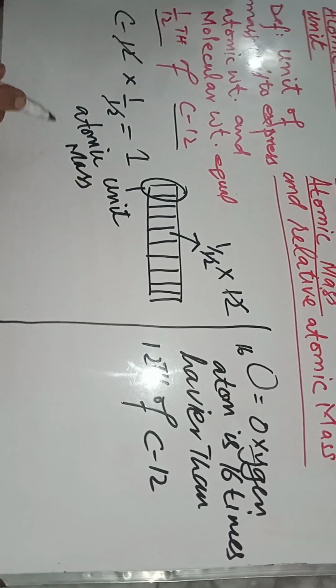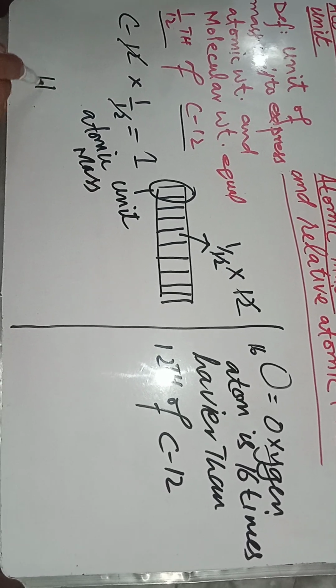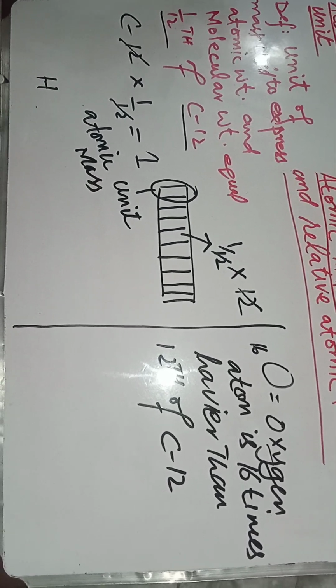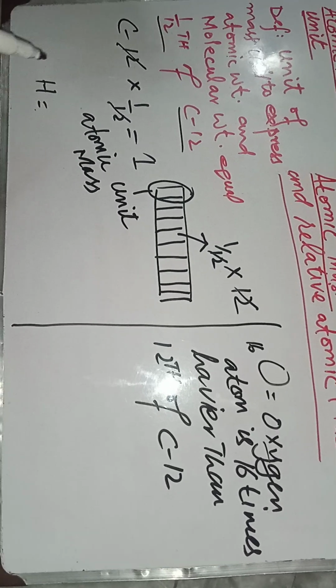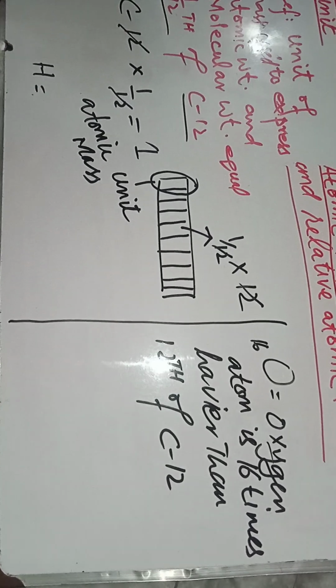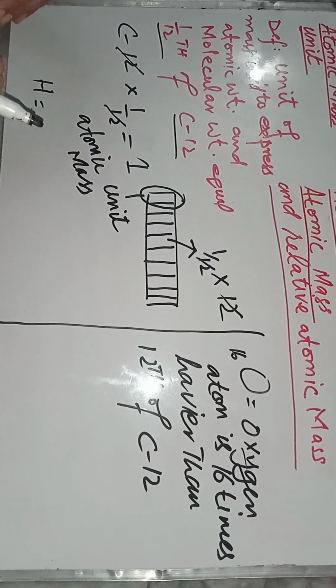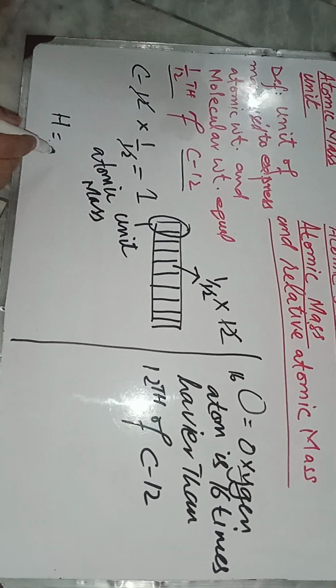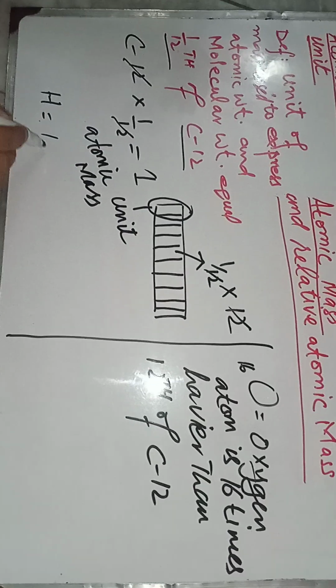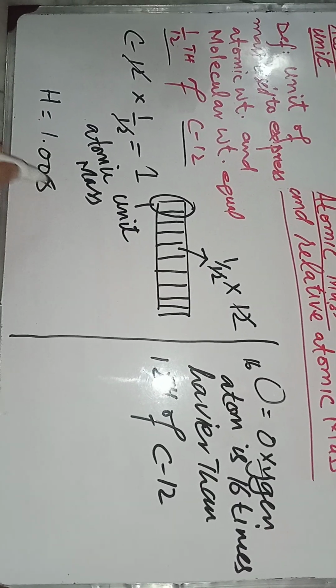It was considered to be hydrogen for the first time. Before carbon was taken as a standard, hydrogen was the standard, and with the standard we are comparing things. It was actually 1.008.